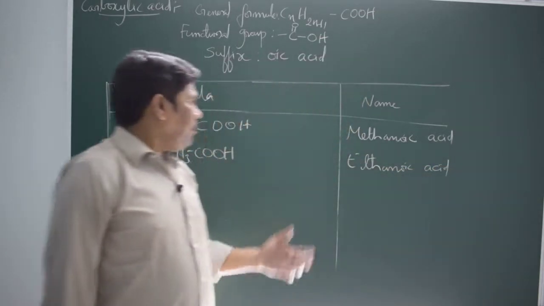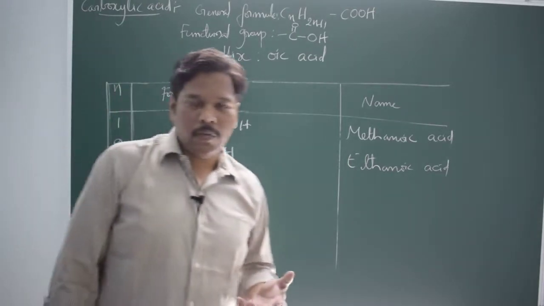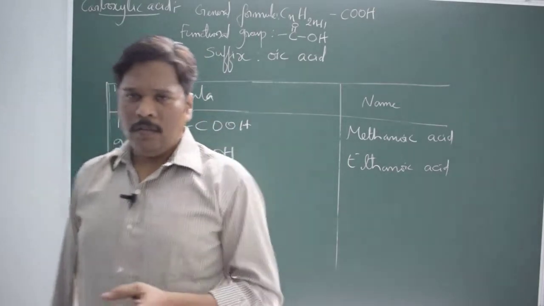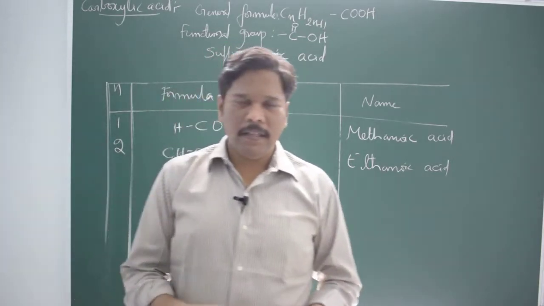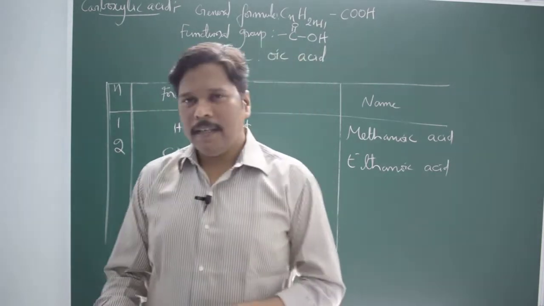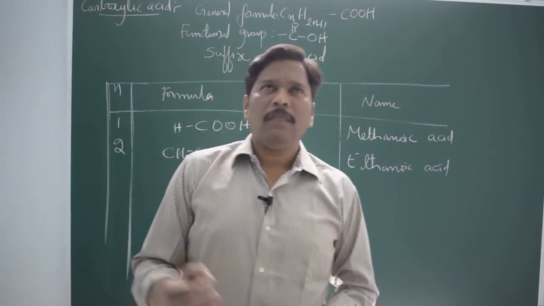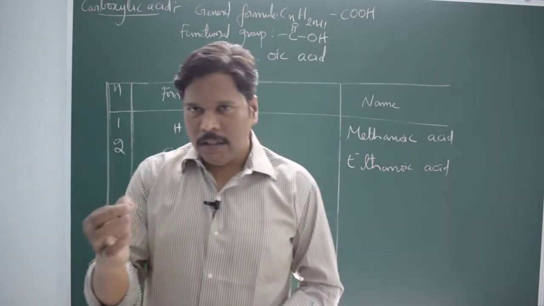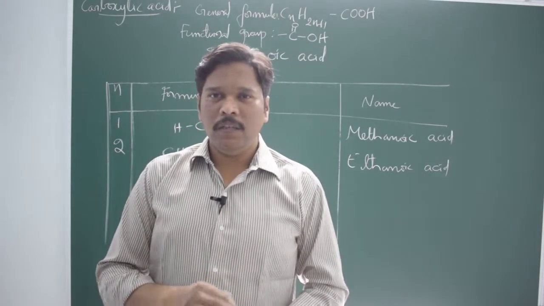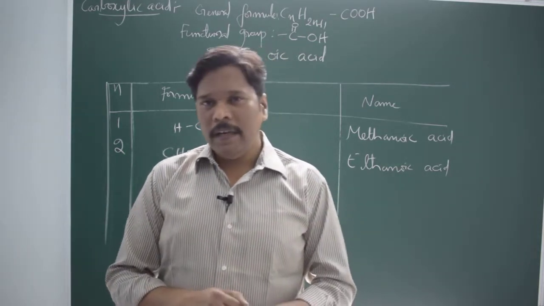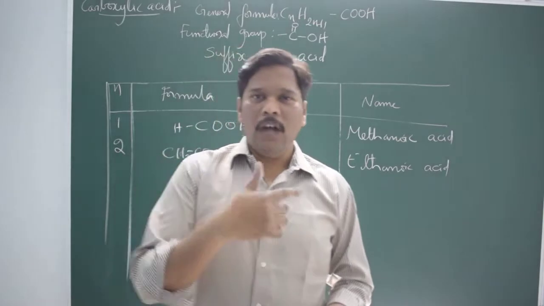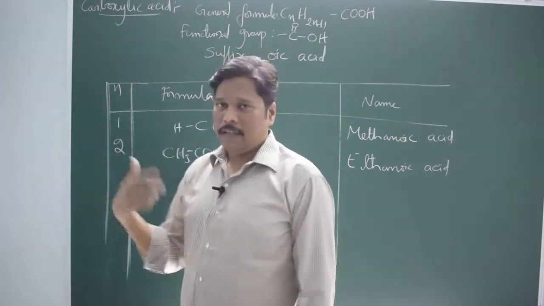About methanoic and ethanoic acids we are very familiar from before. In your 7th or 8th class you came across the acids and bases lesson, even in 10th standard, the second lesson is acids and bases. An ant sting is very painful because it injects formic acid. Formic is the common name of methanoic acid.